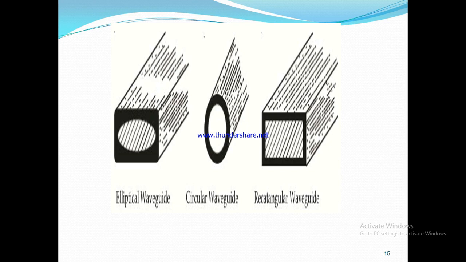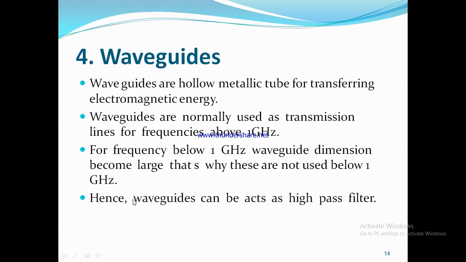We have different types of waveguides: elliptical waveguides, circular waveguides, and rectangular waveguides. Waveguides are more efficient than two-wire transmission lines and coaxial cables because of their low radiation losses.